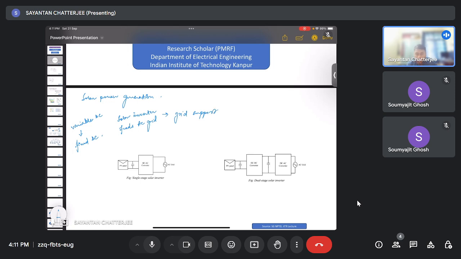Now we'll talk about the grid support mode of operation. The operation would continue when there is proper synchronization between the AC output frequency after the DC-AC conversion and the grid side frequency. There would be a point of common coupling.